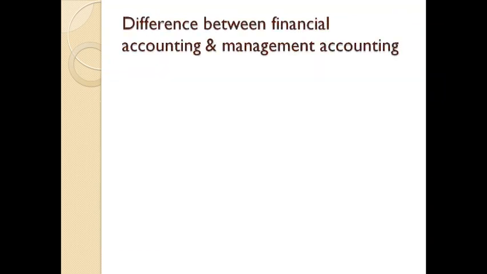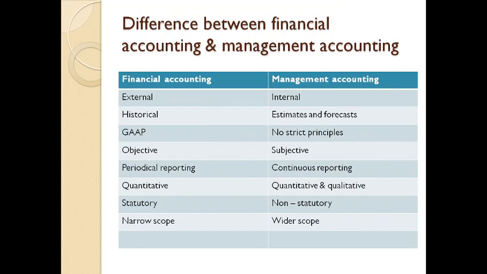Next, we are going to deal with differences between financial accounting and management accounting. Even though they seem similar, there are quite a few differences between both areas. In the first point, we deal with the basis of objective.